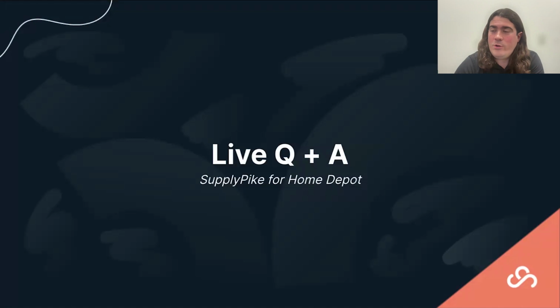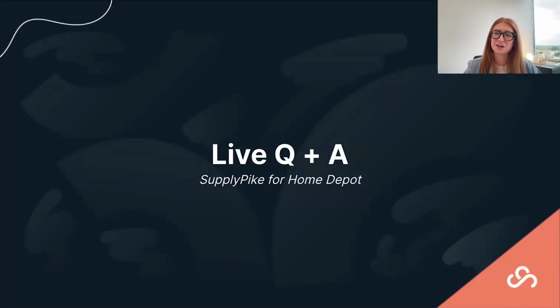We had another question. What is the average recovery rate so far? Yeah, that's a really great question. Here's the thing. It really can vary from supplier to supplier. And I think the hard part here is trying to understand, especially with the limited visibility that Home Depot gives, where some of these issues might be stemming from, right?